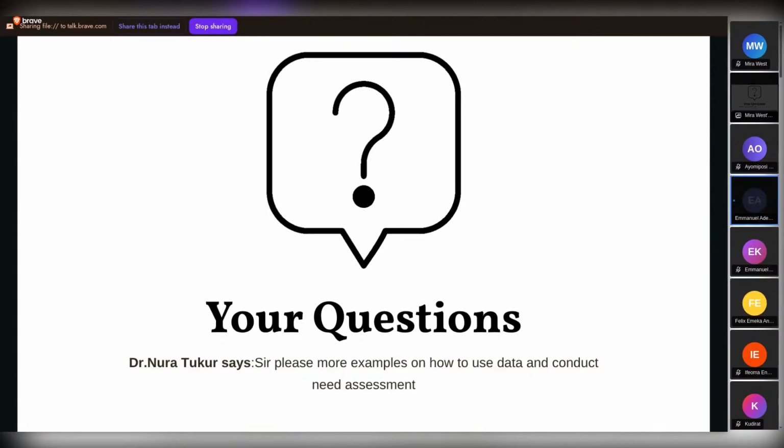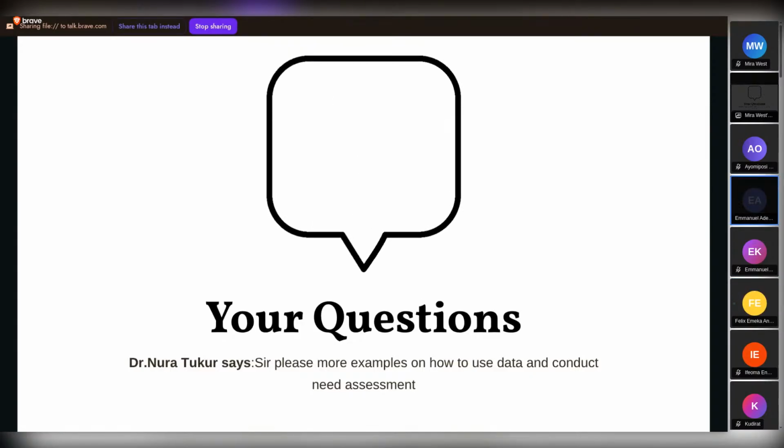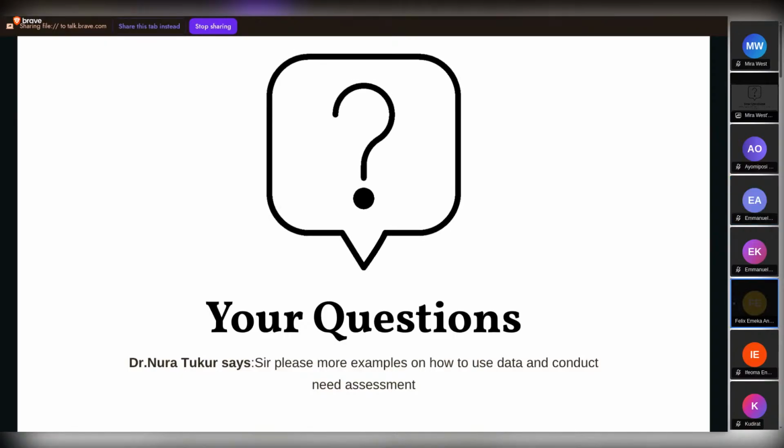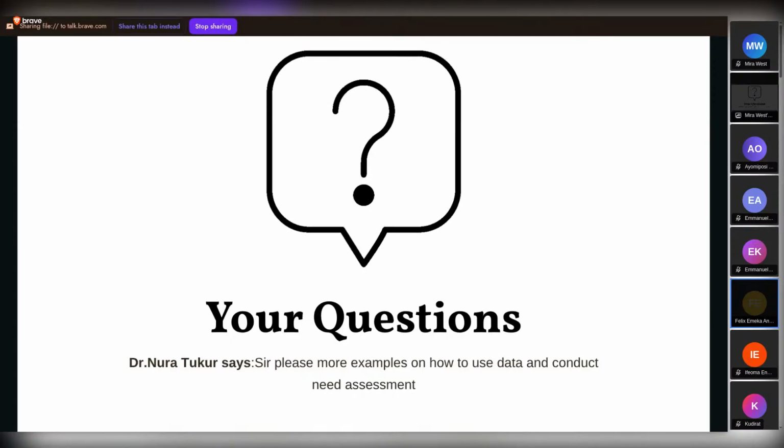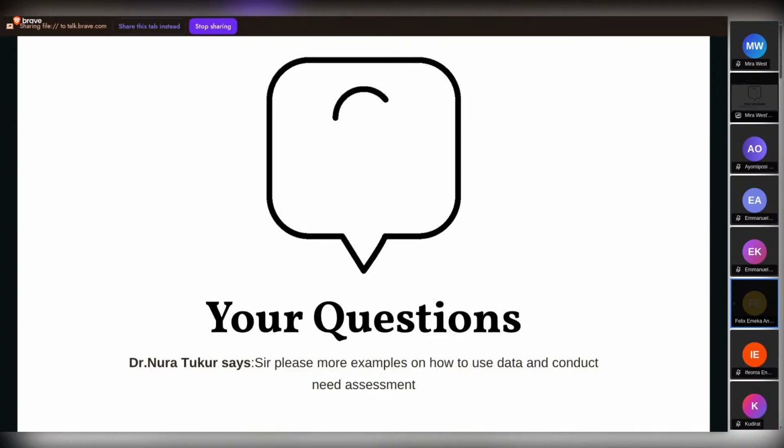Okay, thank you. Someone is asking for more examples on how to use data and conduct needs assessment. Well, I don't know how to give more examples, but the reason why you may want to conduct a needs assessment is simply because you want to carry out an intervention in a community.